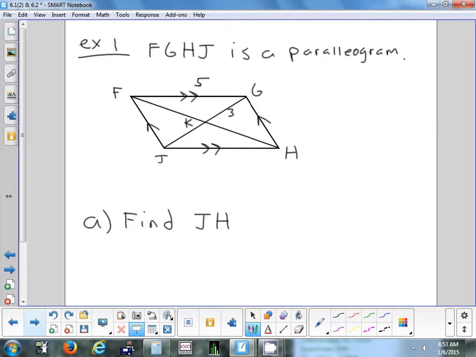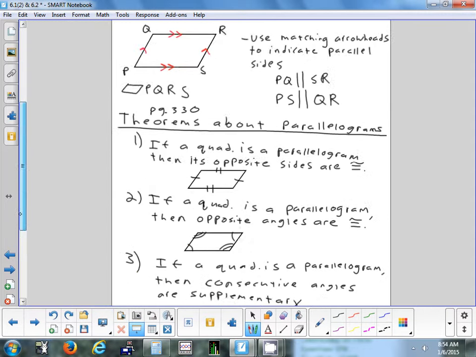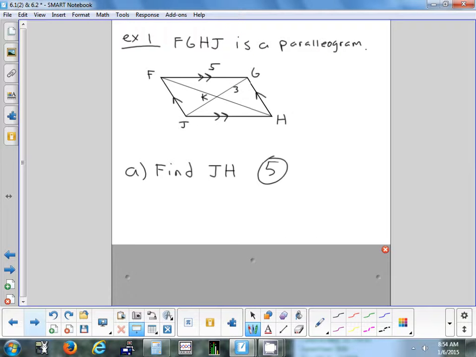How long would JH be? And then I'm going to ask you which theorem tells you that. Marquise? 5. Yep. It'd be 5 units. And which theorem tells you that? First one. Yep. In a parallelogram, opposite sides are congruent. Well, you know the top side's 5, so the bottom side's 5. Good.